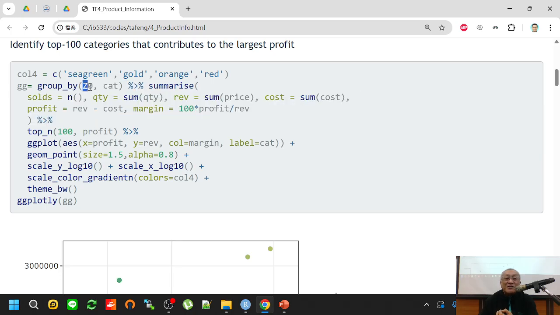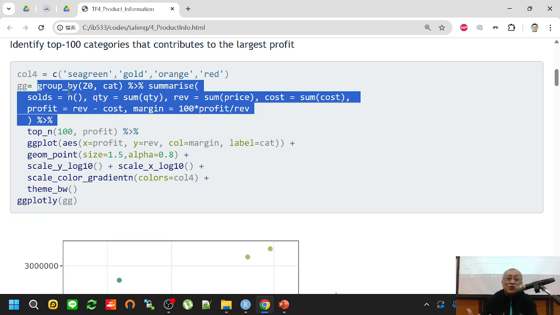You group by category and summarize the number of times it's sold, the quantity sold, the total revenue generated by category, right? The total cost, right? And then the profit is equal to the revenue minus cost, right? And margin is easily calculated by dividing profit by revenue and turning it into a percentage by times 100, right?